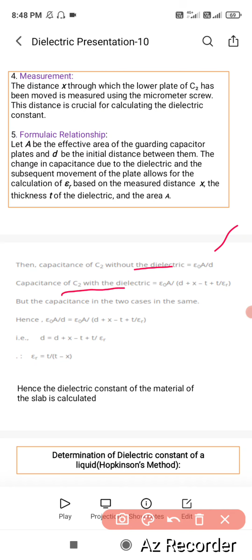C2 with dielectric, second condition, is epsilon naught A divided by d plus x minus T plus T divided by epsilon r.